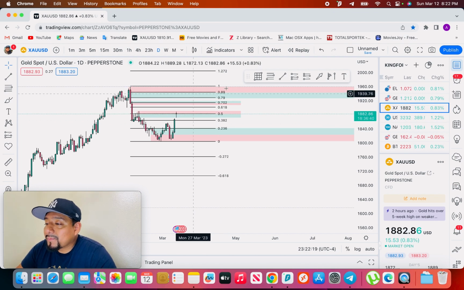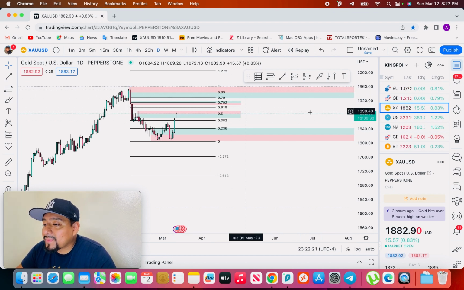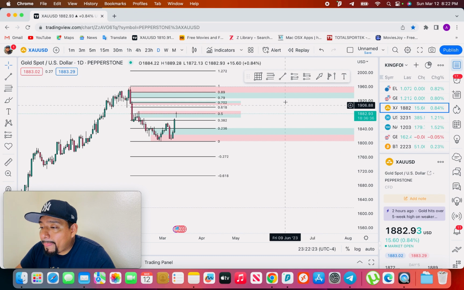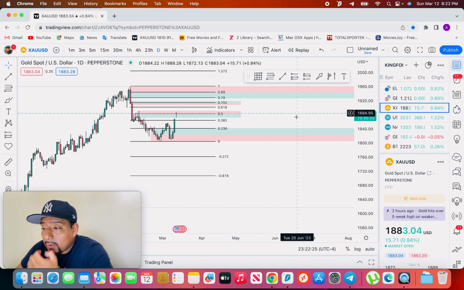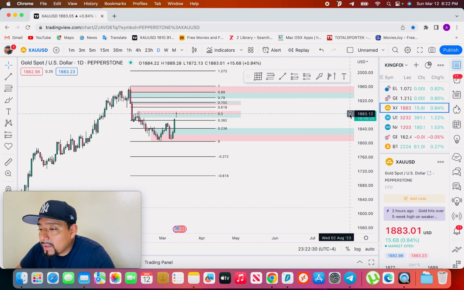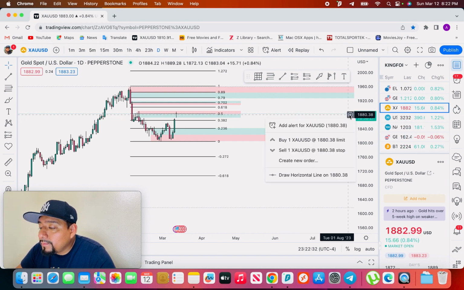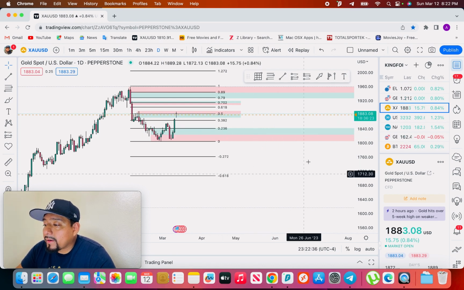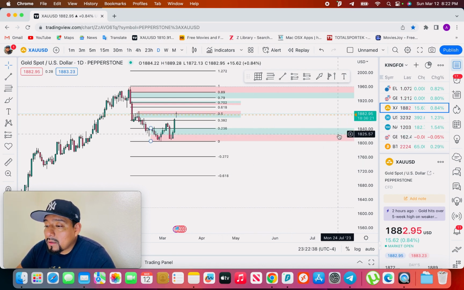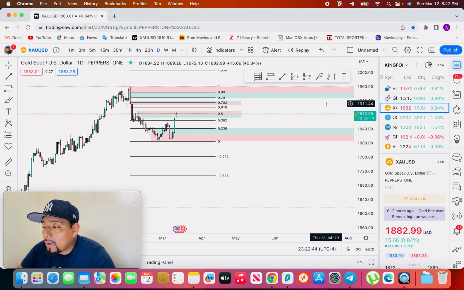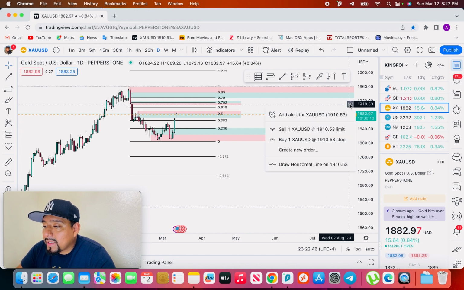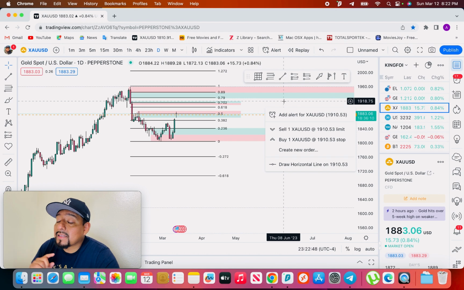All right, so let's set up some alerts. I'm going to set up an alert right here. Usually I go add alert, and I'm going to add an alert right here as well. I usually like to do it a couple pips below. The reason is because I know price is reaching to that certain level.